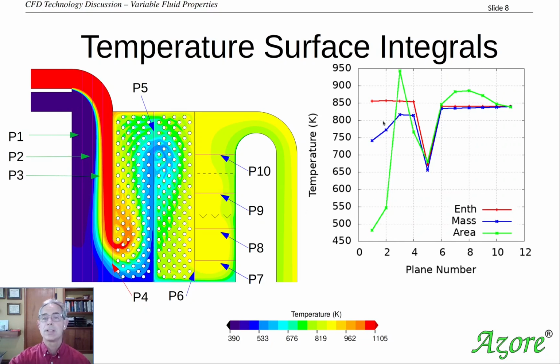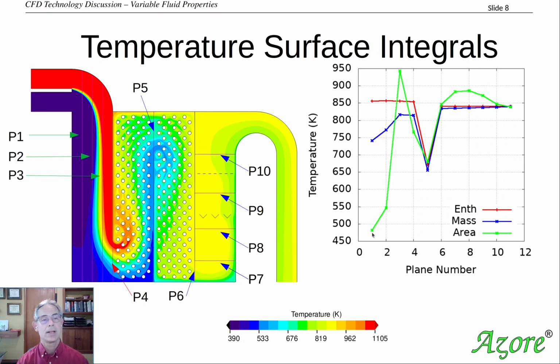There's a large disparity in what the average temperature is based on these different methods. You'll notice that the enthalpy-based one is very close to the value we would expect from our energy balance calculations, and these other two are quite a ways away from it.